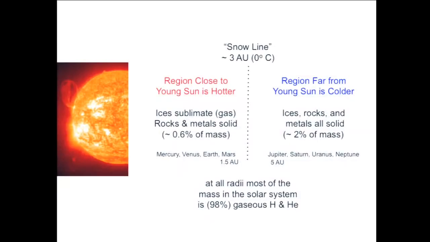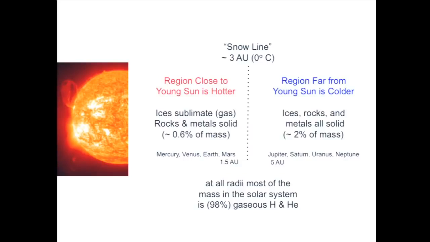So out here, you have more building blocks for getting planet formation going. And so out here, you tend to more easily form planets that have a lot of ice in them and that are bigger, because you have a larger amount of this solid material available to form planets.